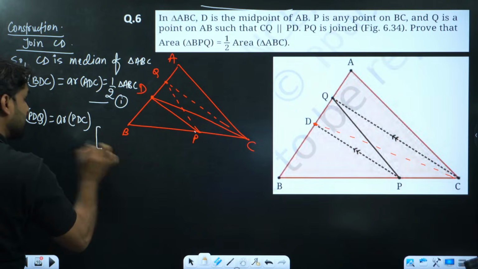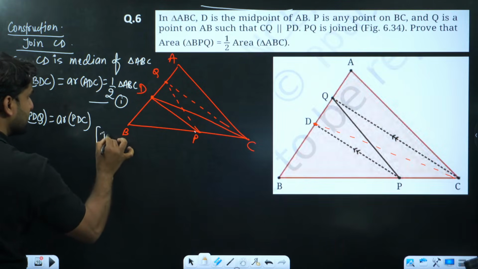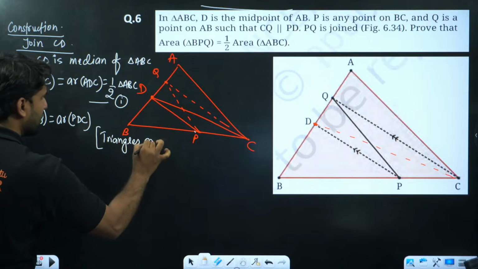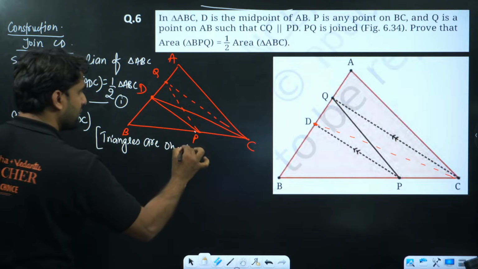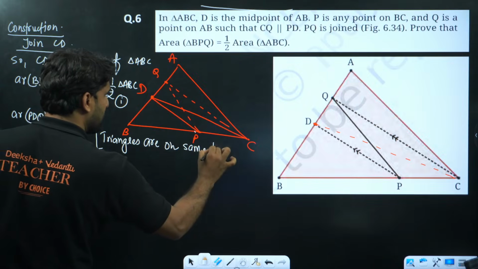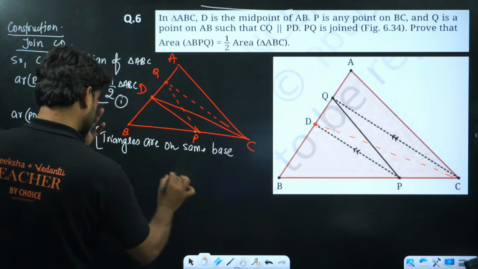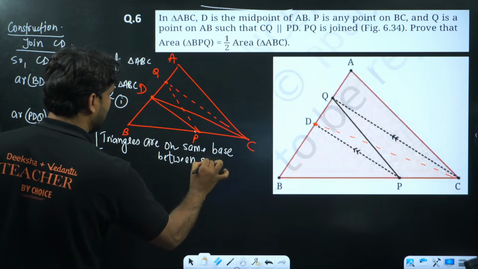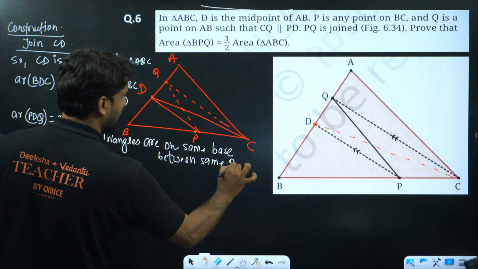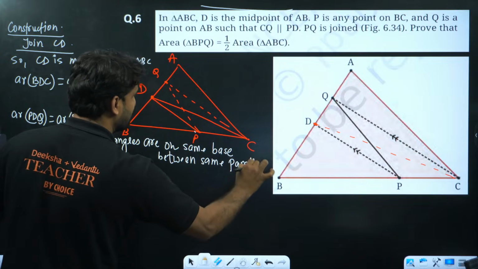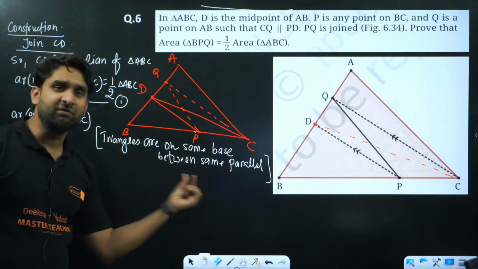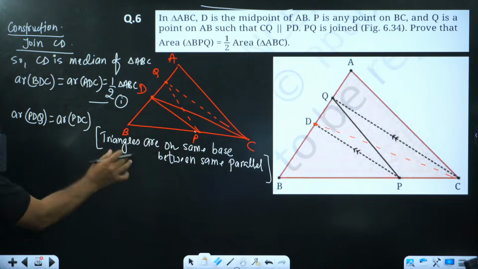Guys, we can mention the reason. Triangles are on the same base between the same parallels. Wow, what a question. I really love this question. Triangles are on the same base between the same parallels. And let's call it equation number 2.